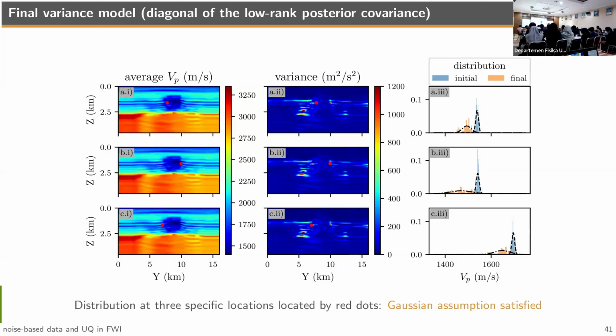For this shallow point inside the gas, we have a shift and a small spread after inversion, while on the layer here, we have a much larger spreading due again to the uncertainty associated to the position. So again, this gives confidence in the information outputted from this low rank variance information.